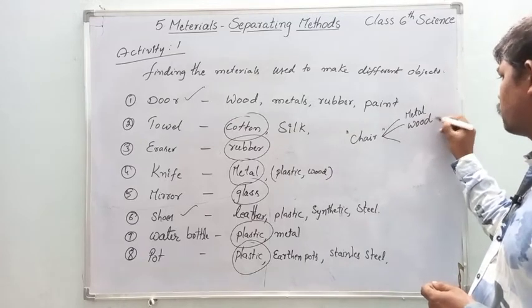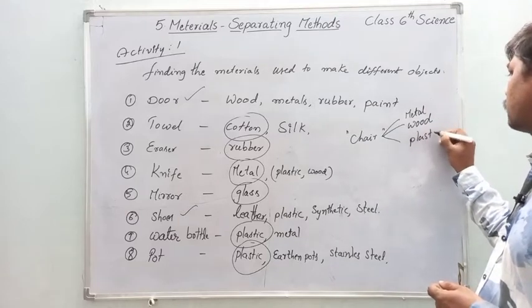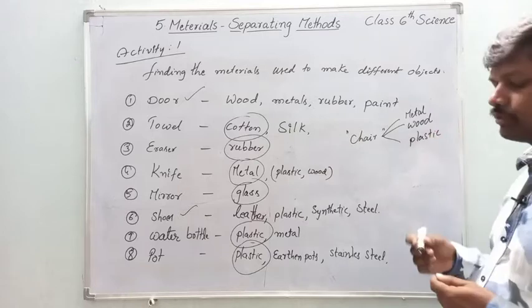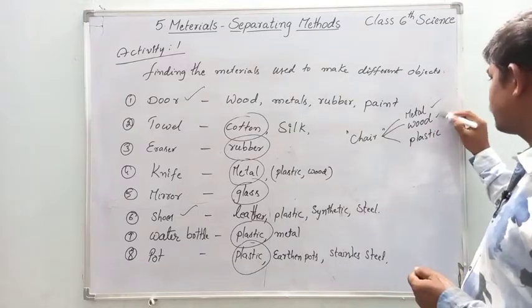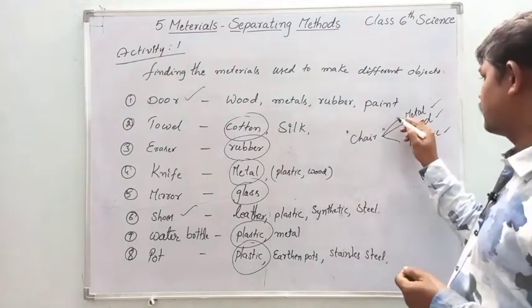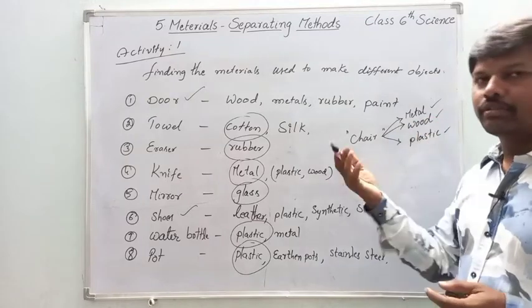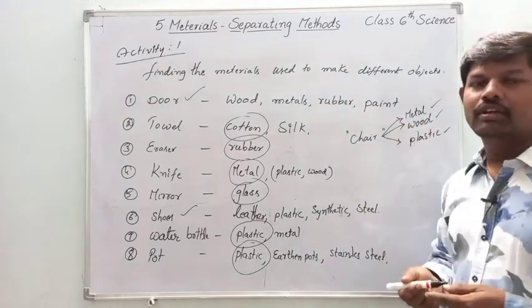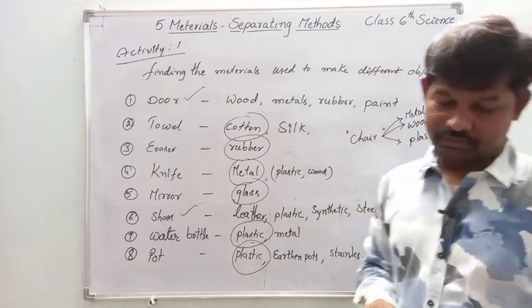Wooden, you can use only wood. And plastic. Three types of chairs we can see: metal chair, wooden chair, and plastic chair. Okay, three materials. That means by using only one material we can prepare either metal chair or plastic chair or wooden chair. So like that.